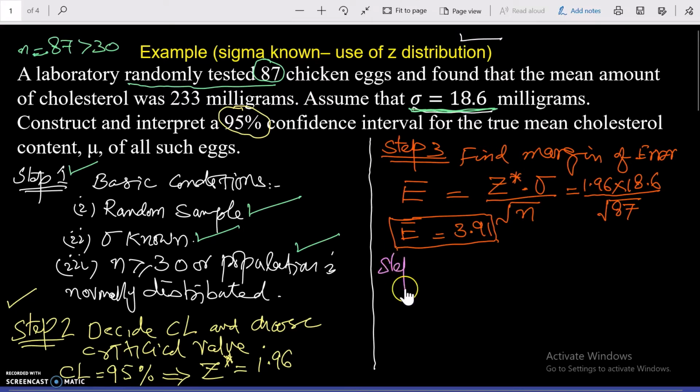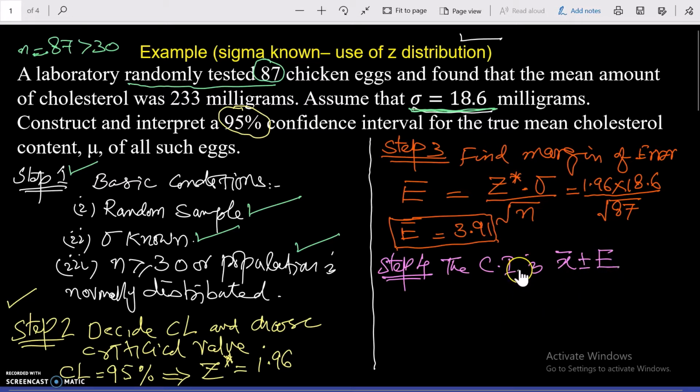So what do we do in step number 4? In step 4, we write our final answer, the confidence interval. The CI, which stands for the confidence interval, is the sample mean plus minus the margin of error. That's how we write the confidence interval.